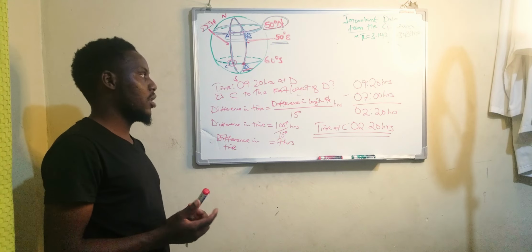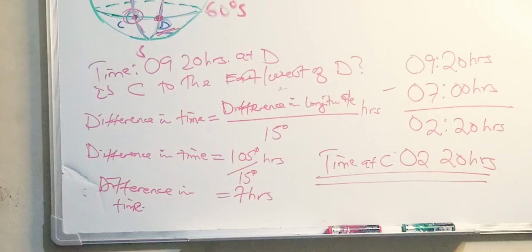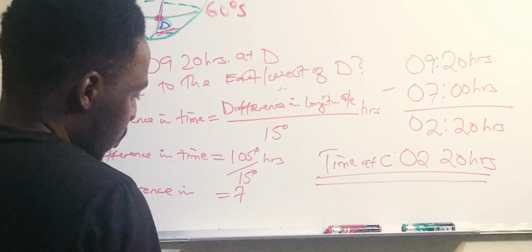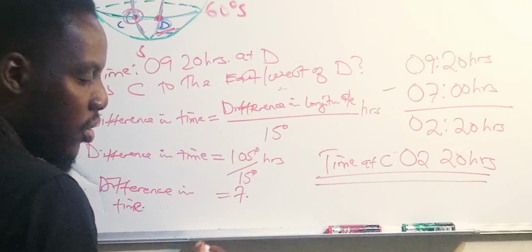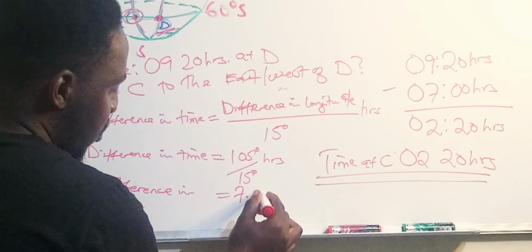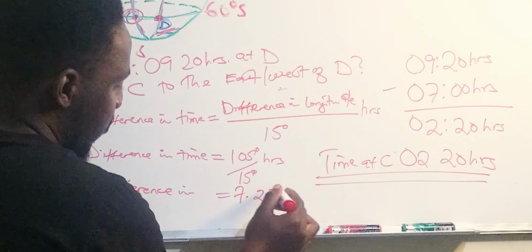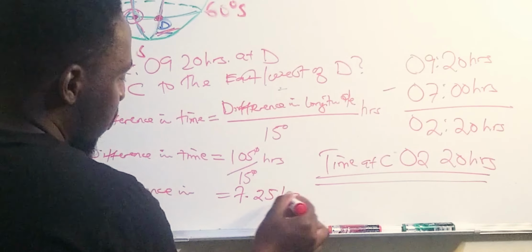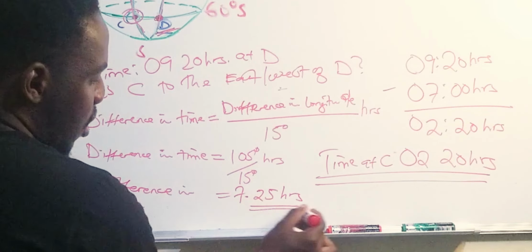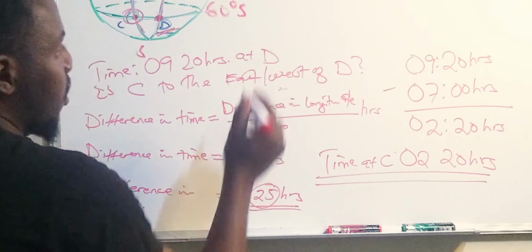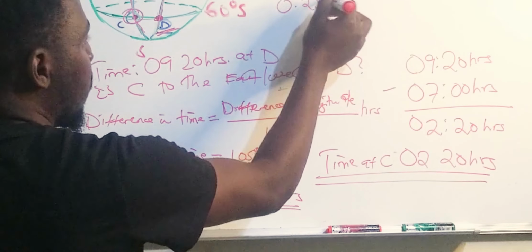The other thing that you have to talk about is, let's say for example we found 7.25 hours. The decimal part is actually minutes, so 0.25.